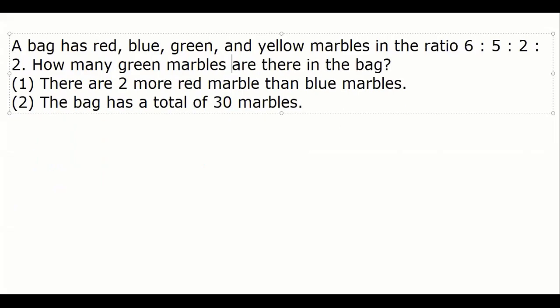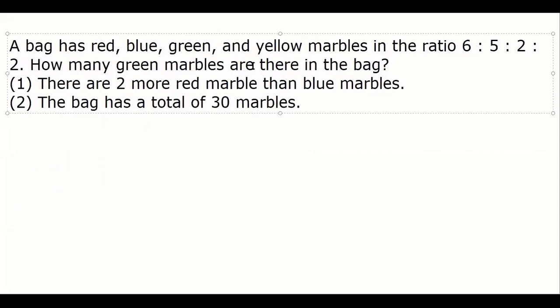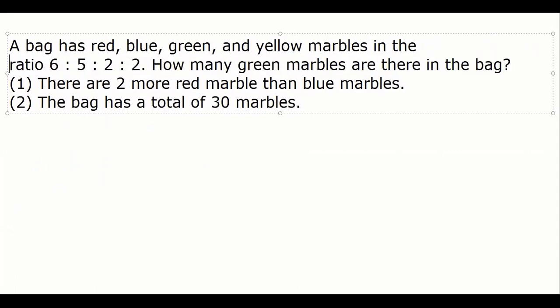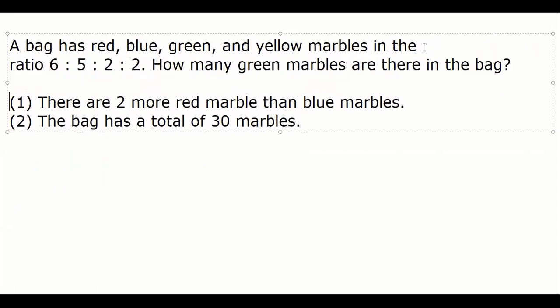A bag has red, blue, green and yellow marbles in the ratio 6:5:2:2. Statement 1: there are 2 more red marbles than blue marbles. Statement 2: the bag has a total of 30 marbles. Tell me now. Everybody go through it, try it out and tell me how it will work.